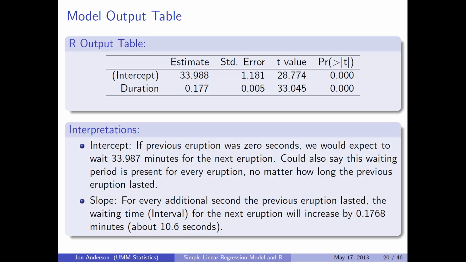And so that tells you that you're going to have to wait longer if the previous eruption lasted longer. And we know basically how much another second of eruption will cost you. Another second will cost you part of a minute.